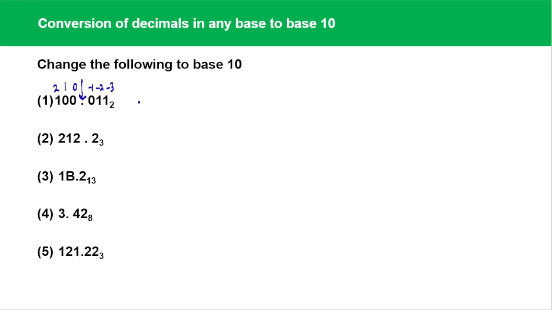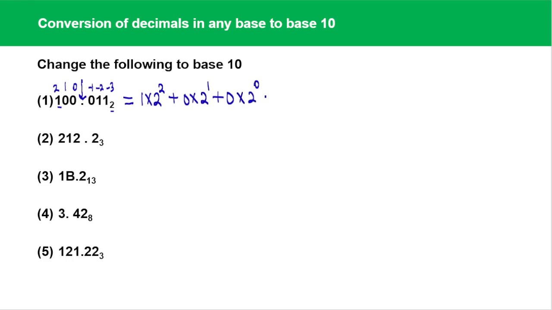The second step now will be to expand this by using each digit to multiply the base raised to the power assigned to the digit. This will be equal to 1 times 2 to the power of 2 plus 0 times 2 to the power of 1 plus 0 times 2 to the power of 0.